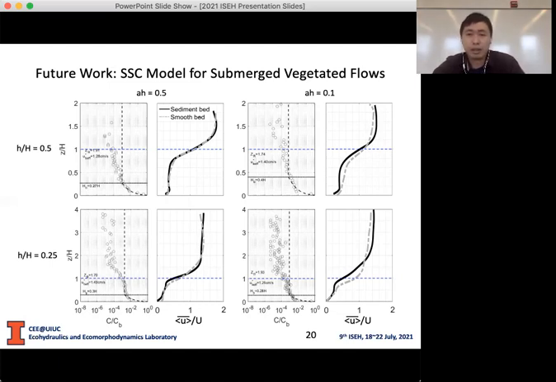We can see that below the line within the canopy, the model for emergent vegetation works well, but not for the region above the canopy, because the canopy-scale vortices generated by the velocity gradient can modify the sediment suspension. So the emergent model should first be modified into 3 or even 4 layers to include the mixing layer on top of the canopy and the outer region above the mixing layer toward the surface for the submerged cases.